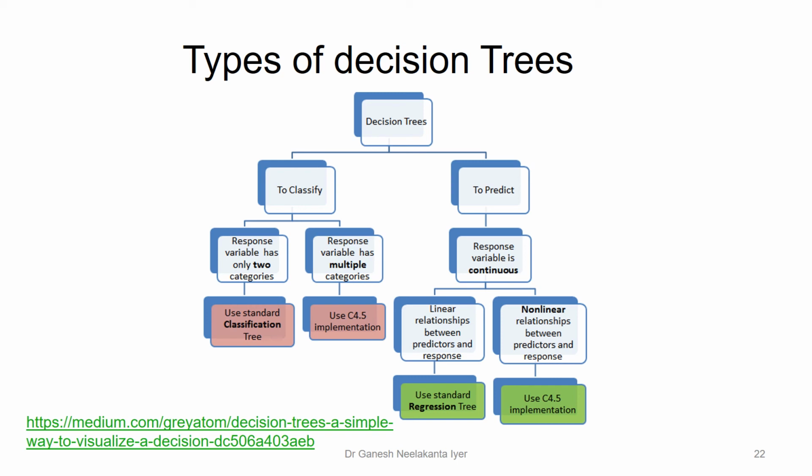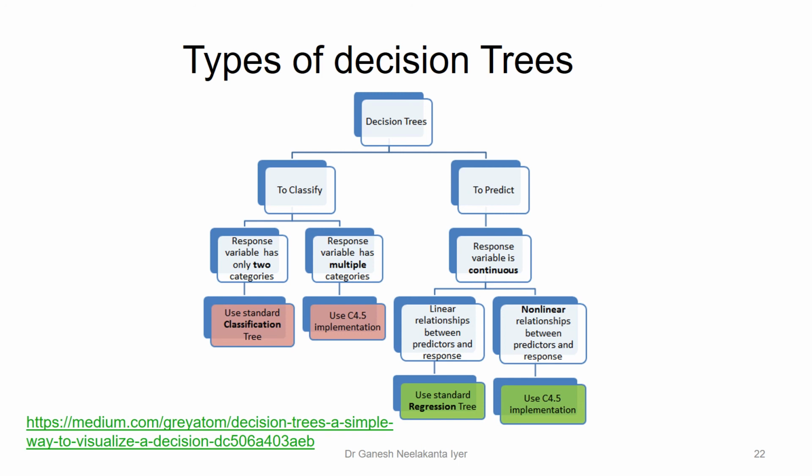What are the different types of decision trees? We already said about it before. There can be classification trees or regression trees. To classify, when the response variable has only two categories, use a standard classification tree, such as ID3. When the response variable has multiple categories, probably C4.5 is a better algorithm.